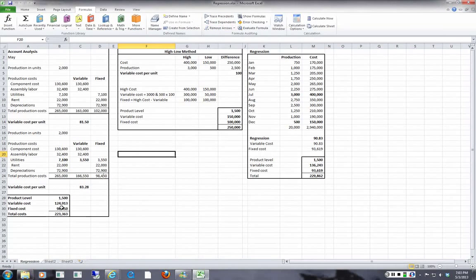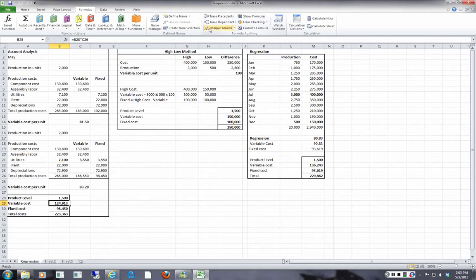Now we've got a production level coming up of 1,500 units. So we take that variable cost of $83.28 and multiply it by 1,500 units. So for this project of 1,500 units, we get a variable cost of $124,913.